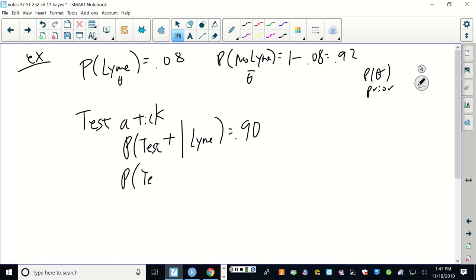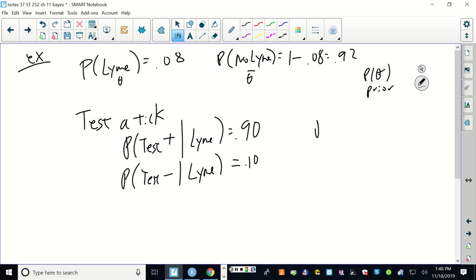And the probability that we test negative, given that it has no Lyme disease, well, it must be 90%. And let's see if I actually did this. Right, given that they have Lyme disease, they either test positive or negative, so it splits like that.